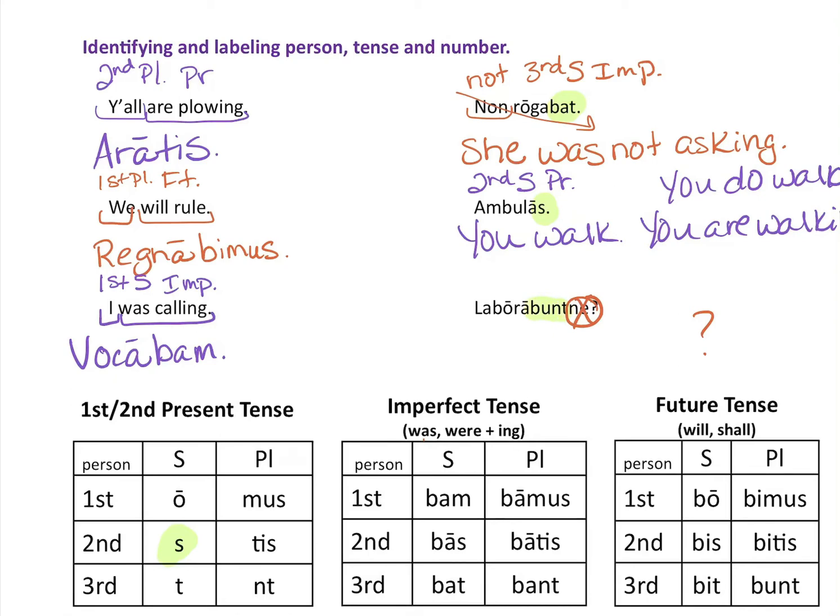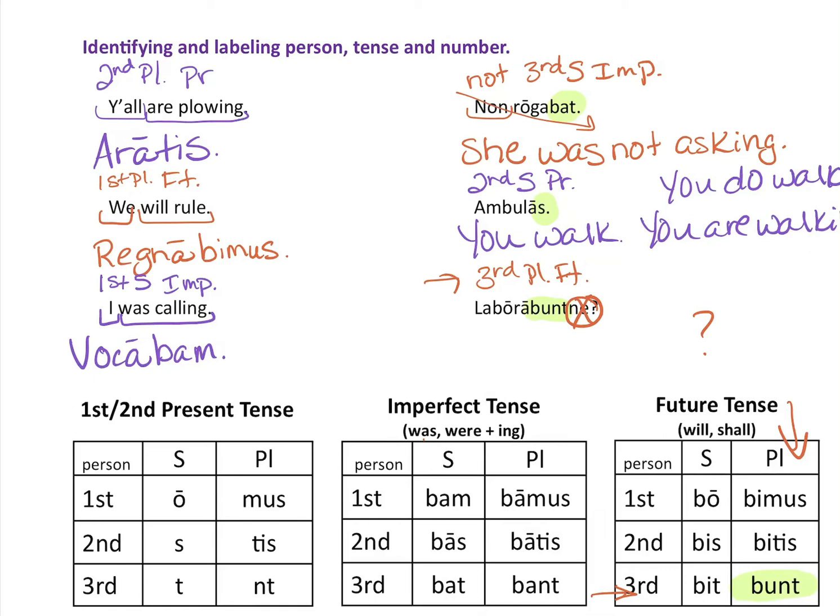If you go to your charts, you'll see that -bunt is all the way down here in future tense. It is third plural. So that's what we're going to label it: third plural future tense. And when you label these, you can label them in any order. You don't have to label person, number, and tense in a set order. That doesn't matter. All this labeling is just for you.